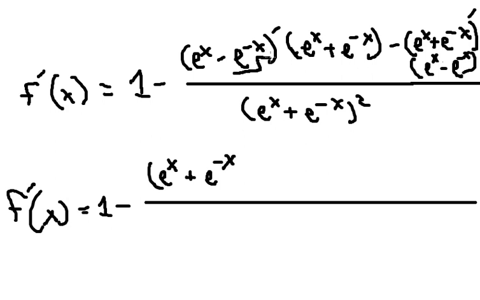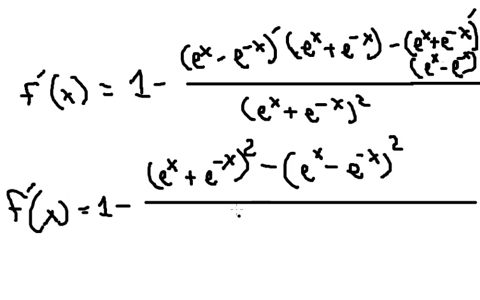The first derivative of e to the power of negative s, we have negative e to the power of negative s. So negative with negative we have positive. This one and this one we have the power 2, minus e to the power of s minus e to the power of negative s, everything to the power of 2.